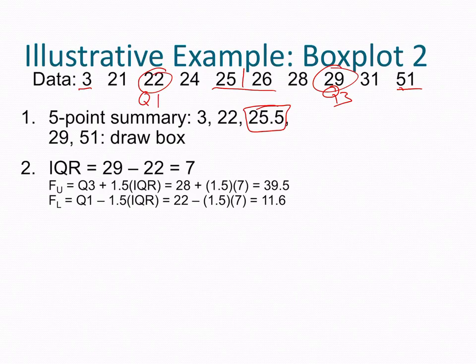To find our fences, you plug the numbers into the formula, so your Q3 plus 1.5 times your IQR, which is going to equal 28 plus 1.5 times your value of 7, which is going to equal 39.5. Your Q1 minus 1.5 times your IQR, plug that into your formula, and you're going to get 11.6.